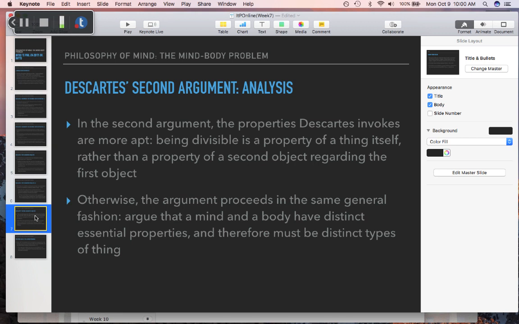Her objection will lead us into the talk about dualism versus monism and the talk about how different types of stuff could possibly interact. And that's what the mind-body problem is. That's what you'll see when you look at Elizabeth of Bohemia's argument. She's saying, if there are two fundamentally different types of things, how do they interact with each other? That's essentially the question that she's posing.